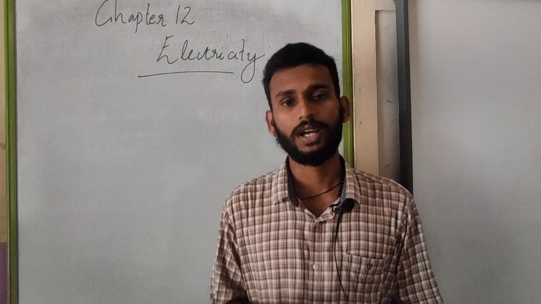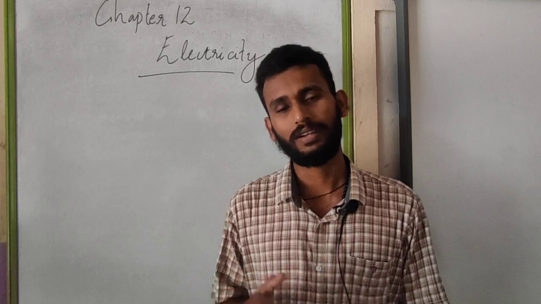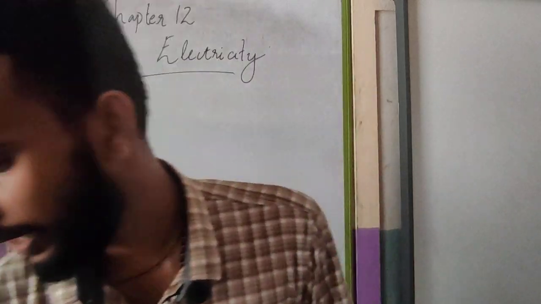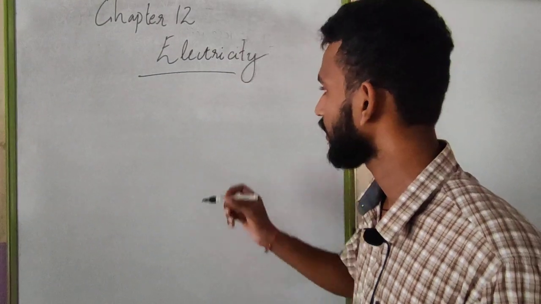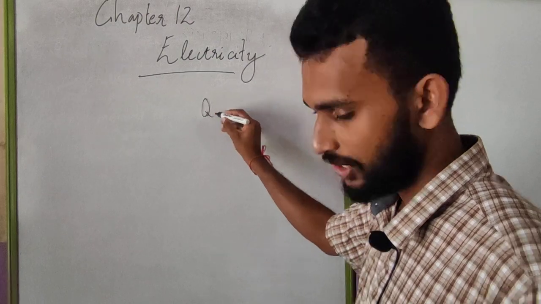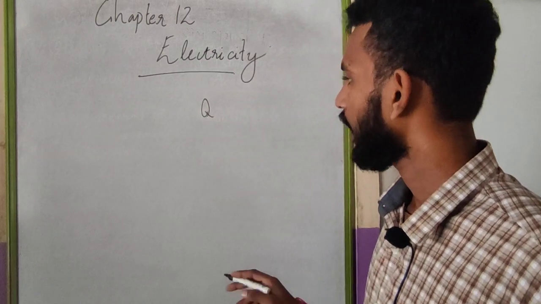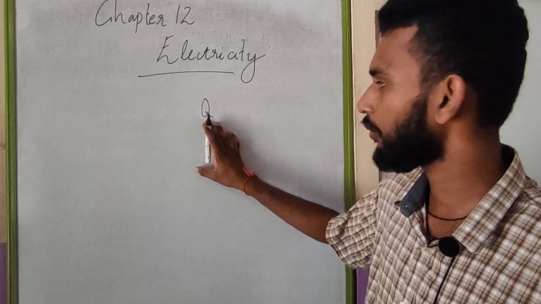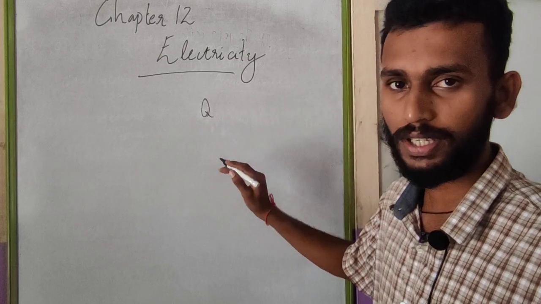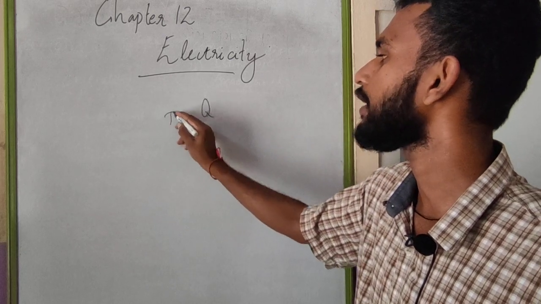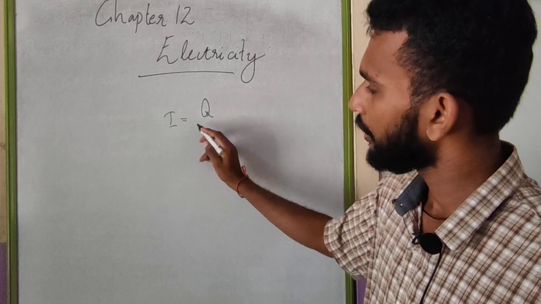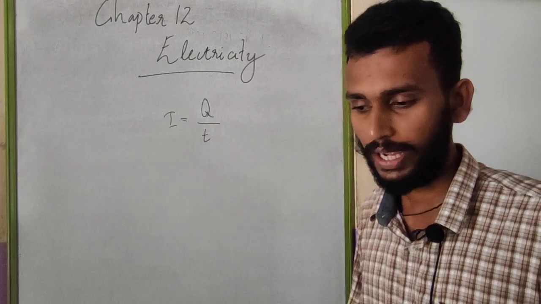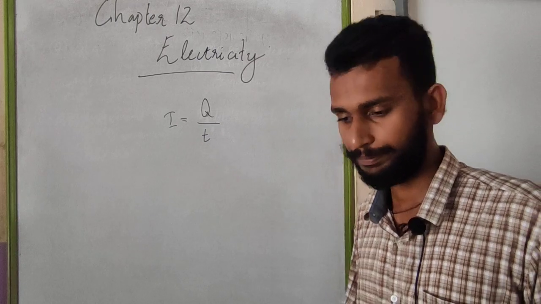The charge is represented as Q, and if the time taken by the charge Q to move through a particular cross sectional area is T, then the current I is equal to Q divided by T. I is equal to Q divided by T.